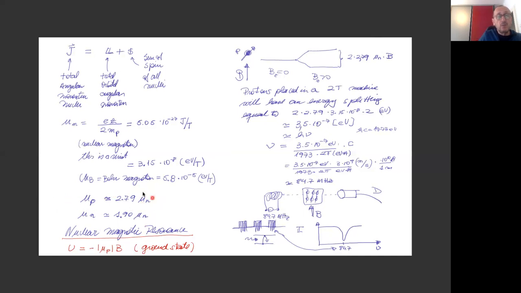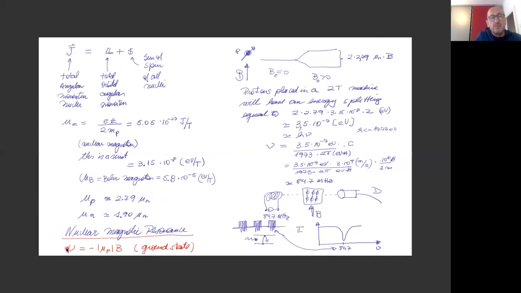The proton, though, apart from this magnetic moment, has electric charge. So we can use this to induce what is called nuclear magnetic resonance.